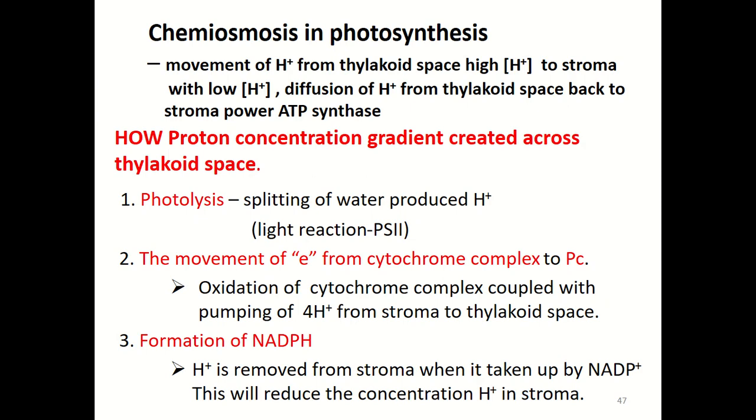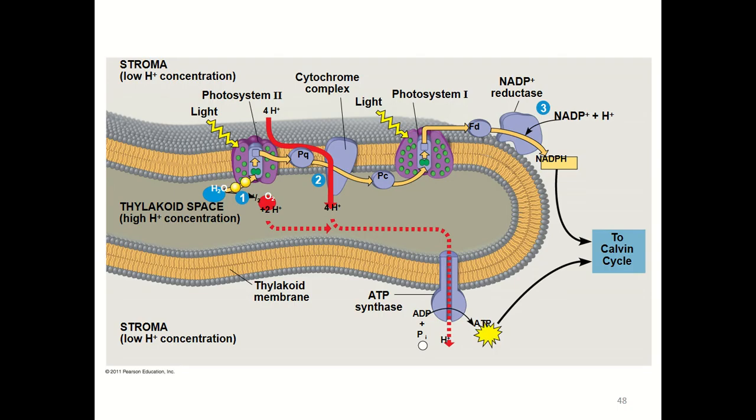Okay. So chemiosmosis refers to the process of ATP synthesis. It is the movement of hydrogen ions from the thylakoid space with high concentration gradient to the stroma with low concentration gradient, and the diffusion of H plus from the thylakoid membrane back to the stroma powers the ATP synthesis. Like this one.